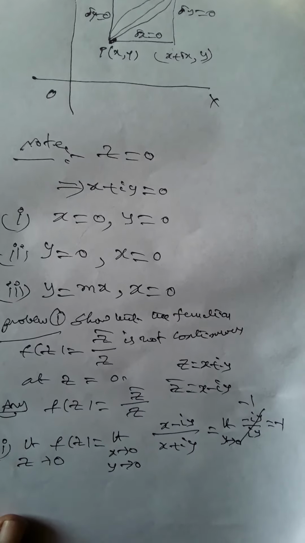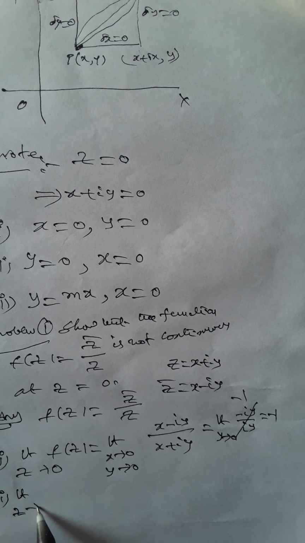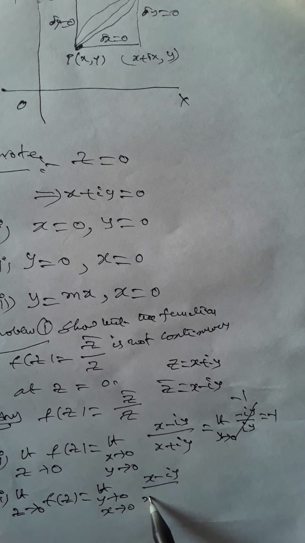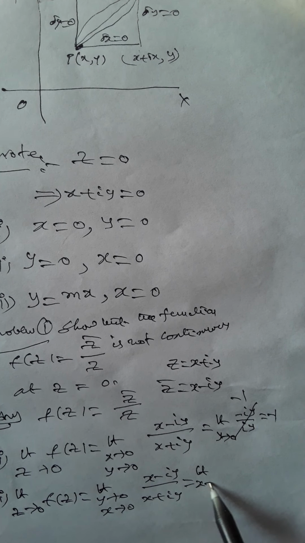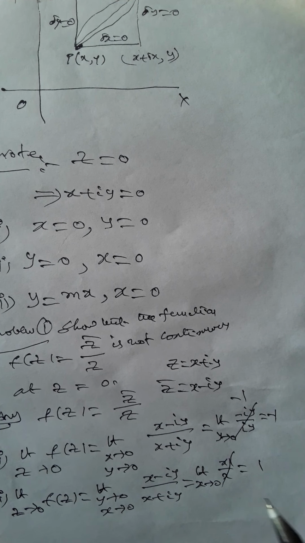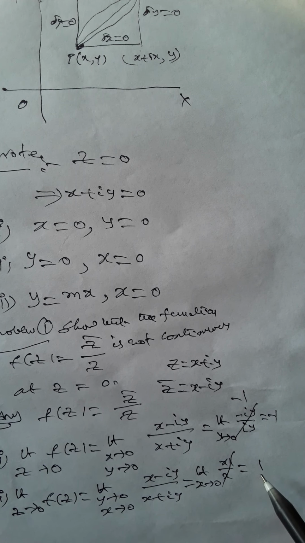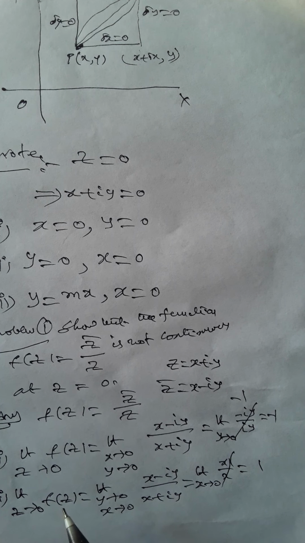Second case, limit z tends to 0 of f(z) is equal to limit y tends to 0, x tends to 0 of (x - iy)/(x + iy). First y = 0, so we get x by x, cancel, we get 1. So -1 is not equal to 1, so both are not equal.